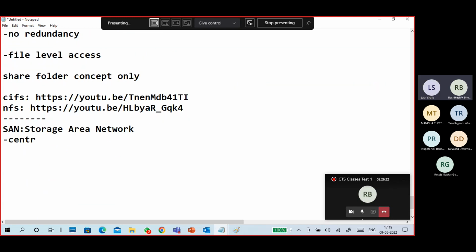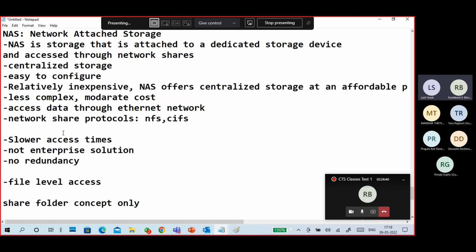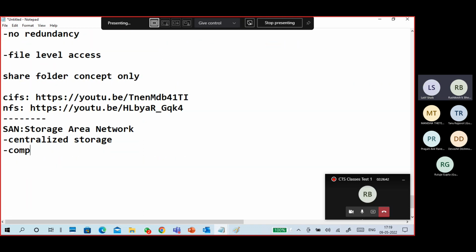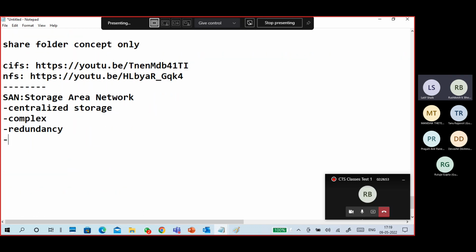Importantly, it is also centralized storage. It has complex redundancy, and it is an enterprise solution.